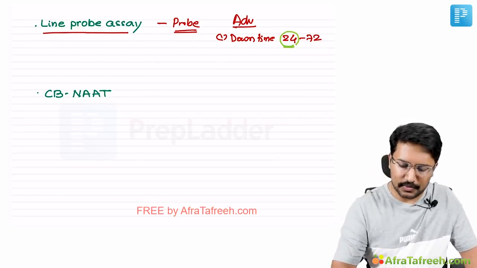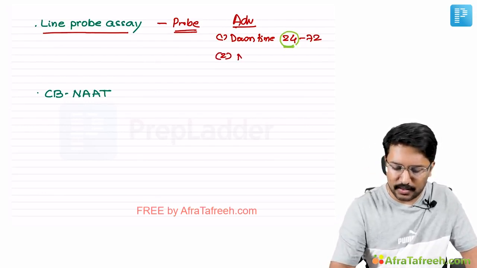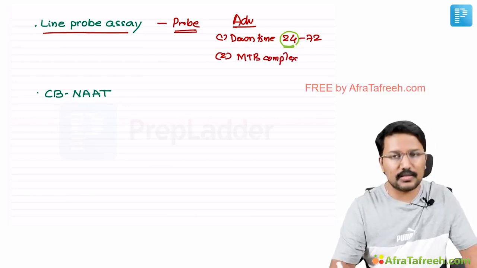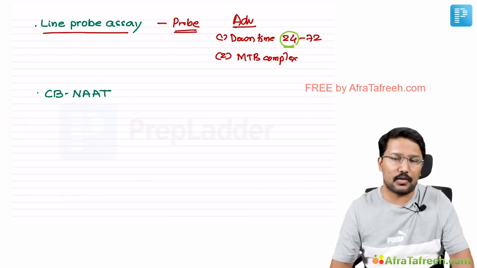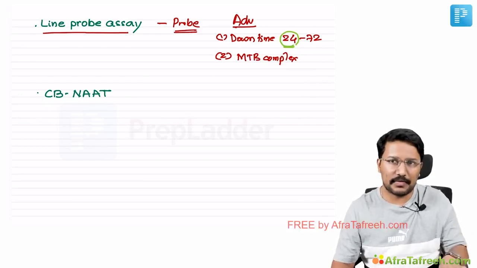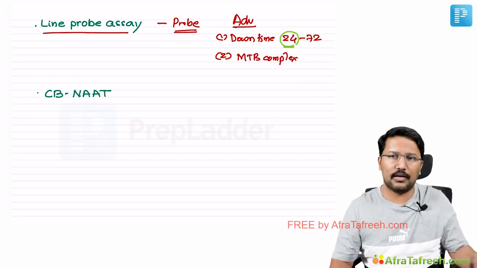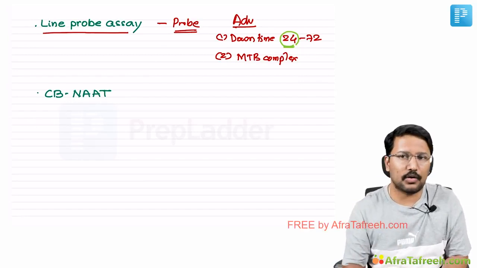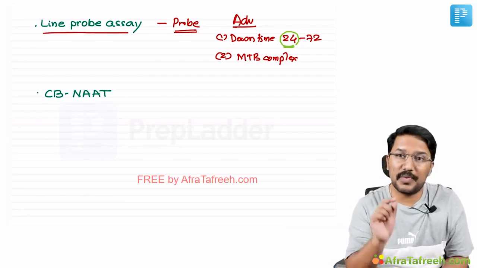The second advantage is it can help you identify MTB complex speciation. When you see the Ziehl-Neelsen stain or auramine rhodamine, you will only be able to identify acid fast bacilli, or mycobacteria, but you are not able to speciate.